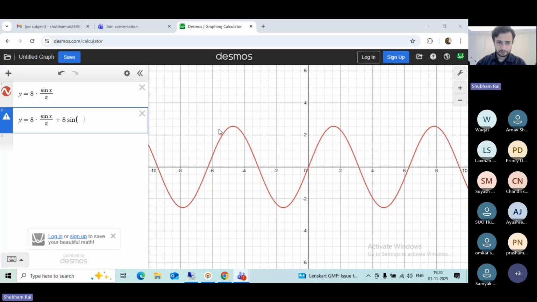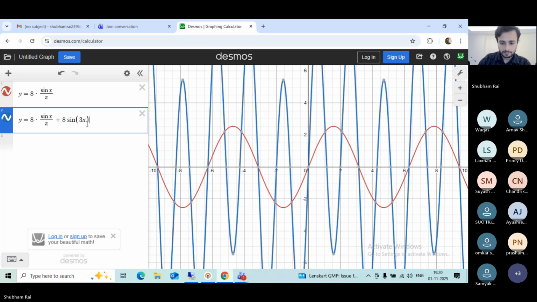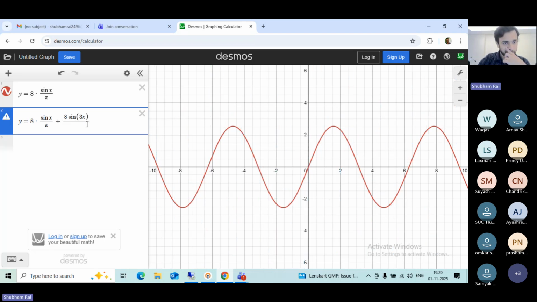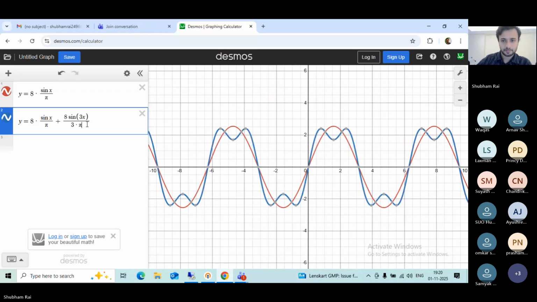So then we have the first partial sum, then the second partial sum will be 4k by 3 pi, k is 2. So 8 sine 3x divided by 3 pi, right? And then let's plot the third partial sum.